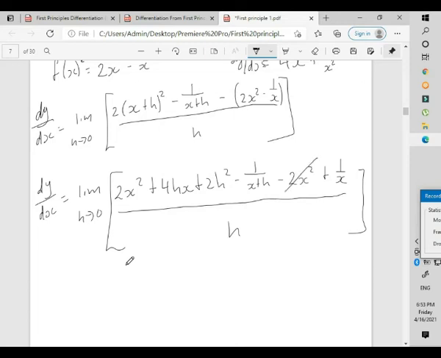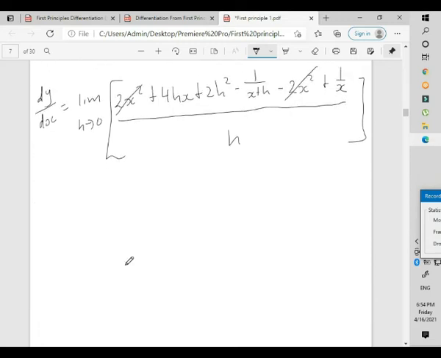So 2x squared gone, 2x squared there is gone. So I'm left with 4hx, 2h squared, minus 1 over x plus h, and 1 over x. So you automatically notice that the 1 over x is still there, and you can't actually solve until that is no longer part of the question. So this is why I said this is going to be long.